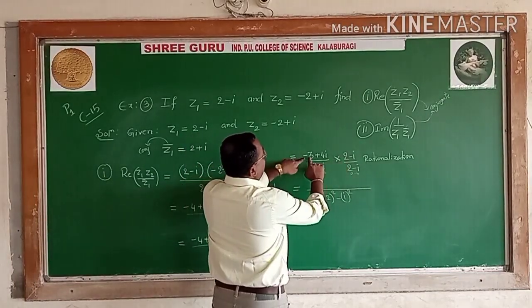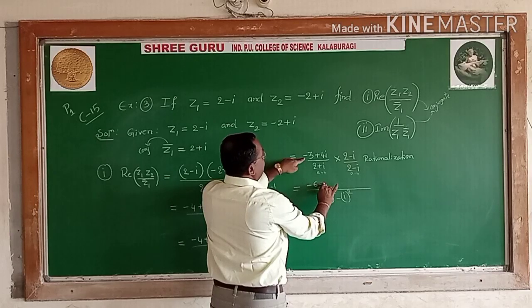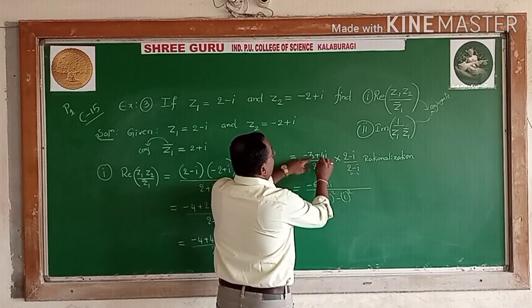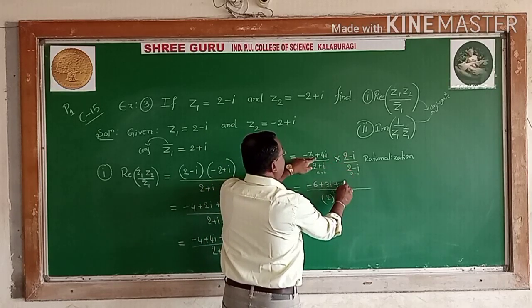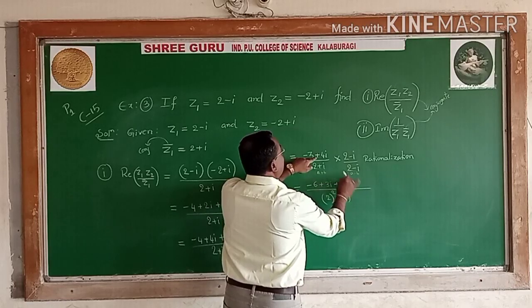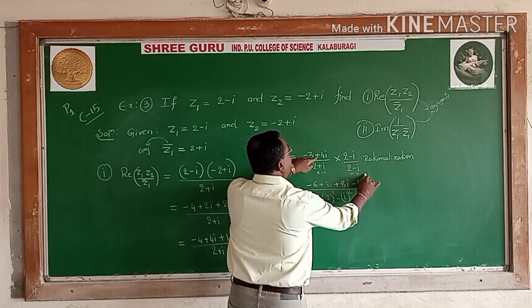Product of the numerator: minus 3 into 2 is minus 6, minus minus plus 3i, plus 4 twos are 8i, plus minus minus 4 i into i square.